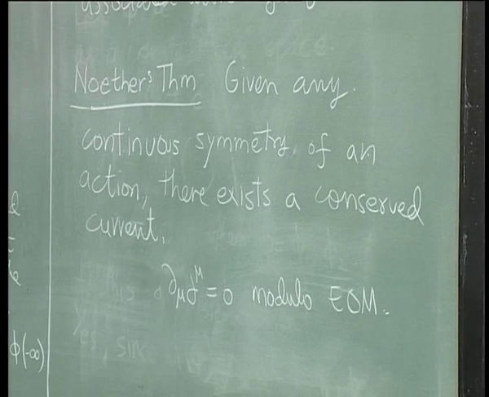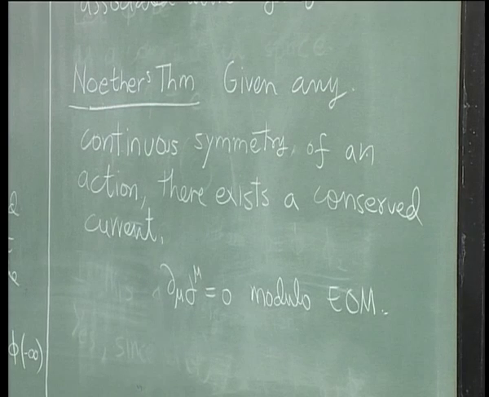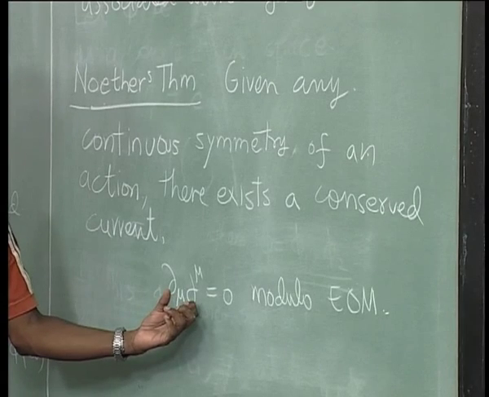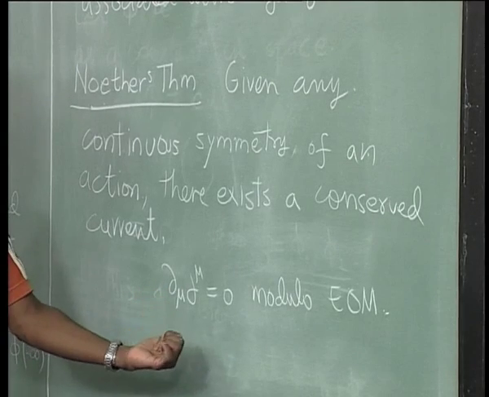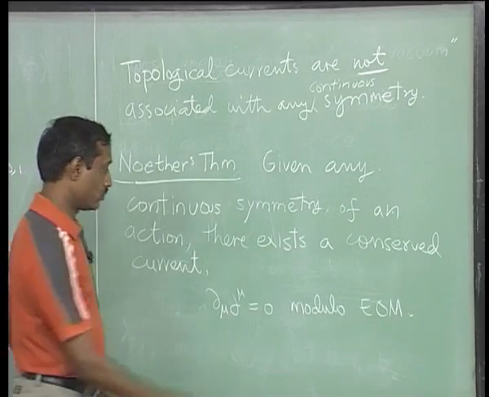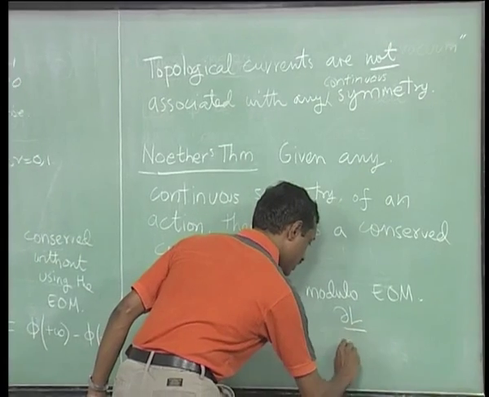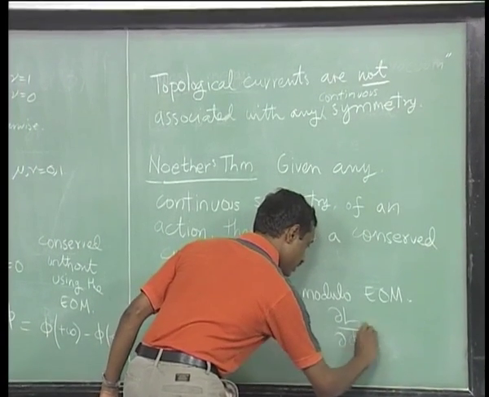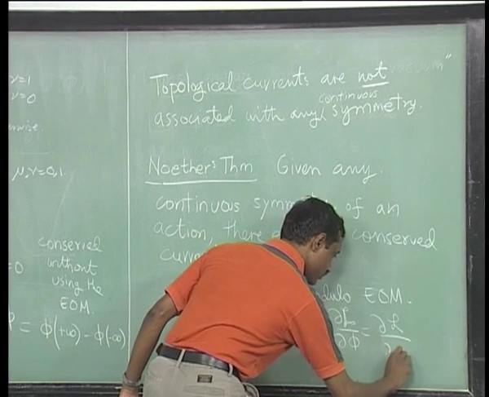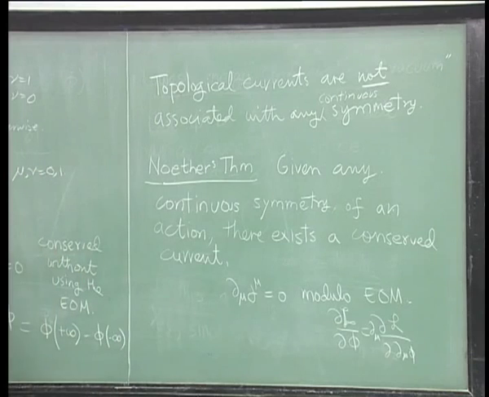Modulo equations of motion, this one. So in other words, if you write out the current and you want to check that it is equal to 0, you use the equations of motion, you set that equal to 0. What I mean is that some equations of motion are something like dL by d phi, modulo this.